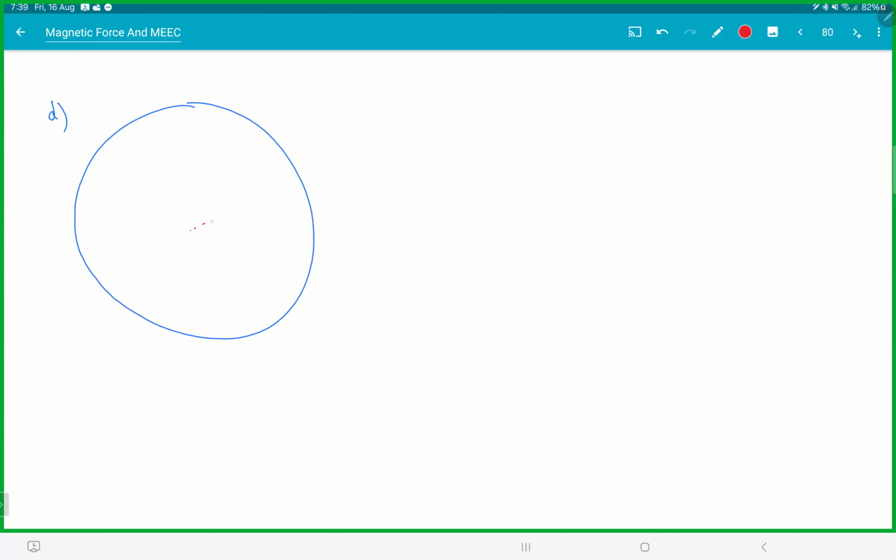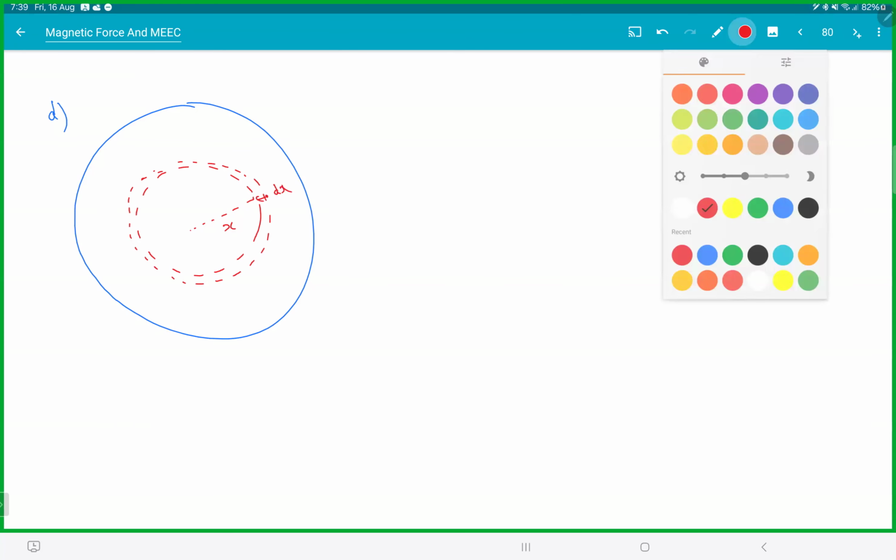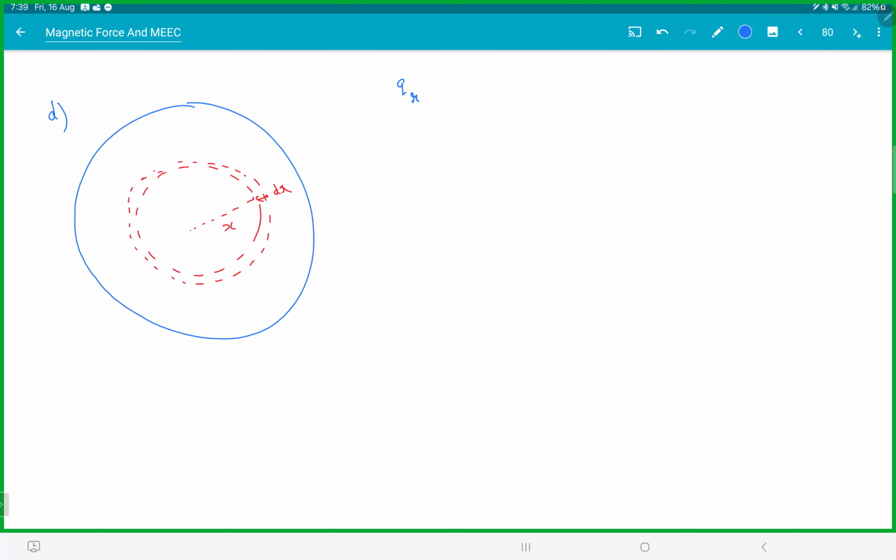So take a disk with center at O, and at a distance x, take a thin circle here, of thickness dx. The charge on this ring will be sigma naught x into 2 pi x dx. So the current on this ring will be the charge on the ring by 2 pi by omega.